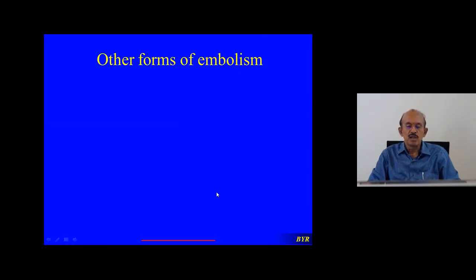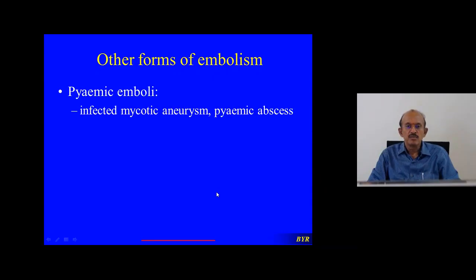Other forms of embolism are rare. Pyemic emboli: an infected myocardial aneurysm or pyemic abscess anywhere in the body can cause emboli of pus circulating in the bloodstream. Whenever these emboli pass in the bloodstream, they can lodge at any place and cause abscesses.